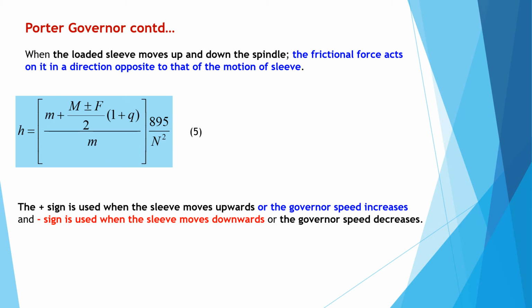If we consider the frictional force, when the loaded sleeve moves up and down the spindle, the friction force acts on it in the direction opposite to that of the motion of the sleeve.